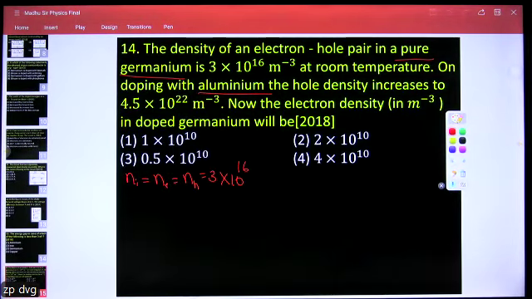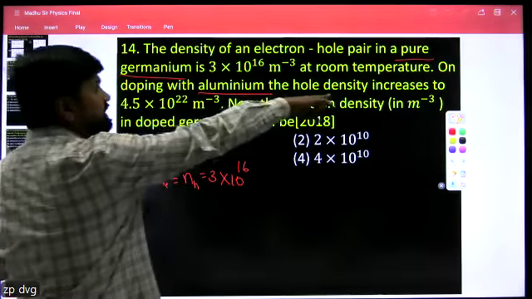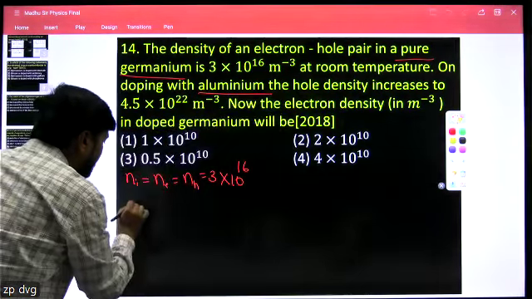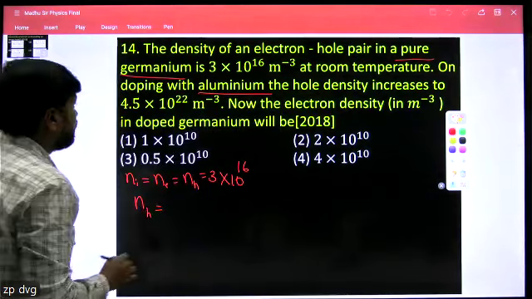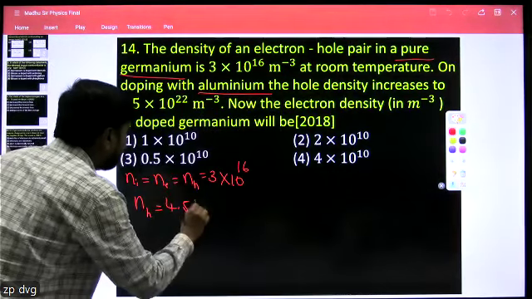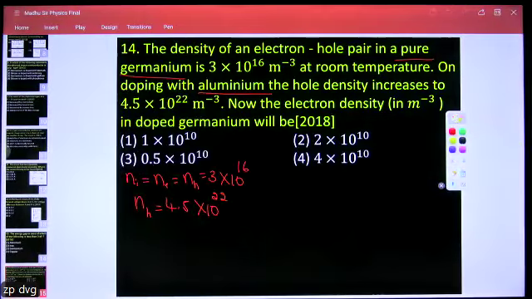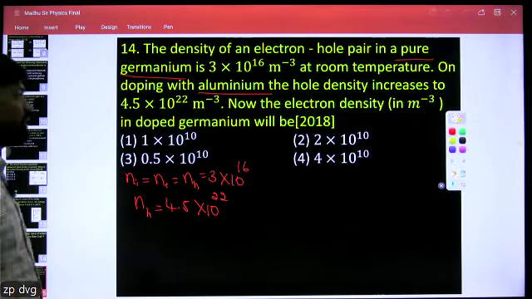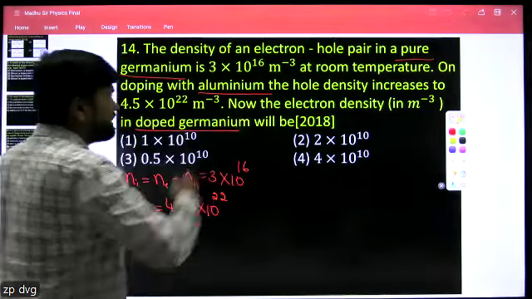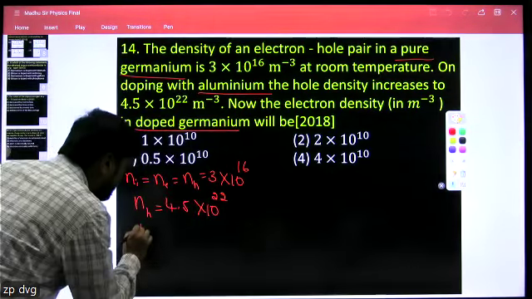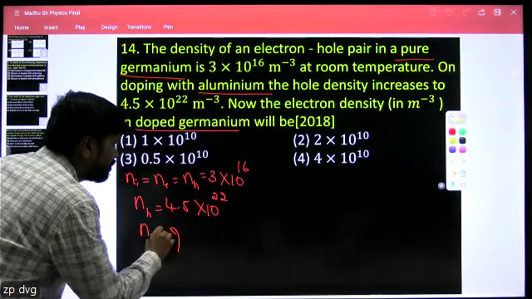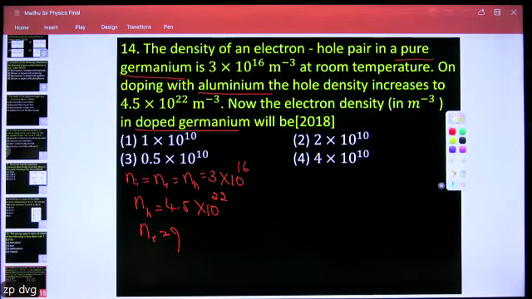Whenever a trivalent impurity is added to an intrinsic semiconductor like germanium, we get an extrinsic P-type semiconductor. Hole density increases to NH equal to 4.5 into 10 power plus 22 per meter cube. Now the electron density in doped germanium, Ne equal to question mark.